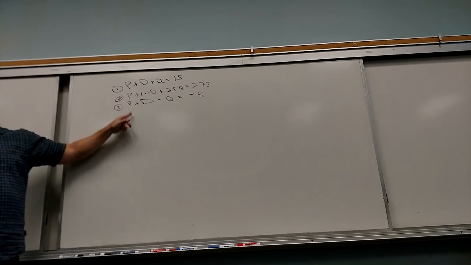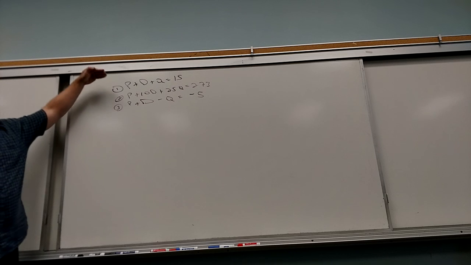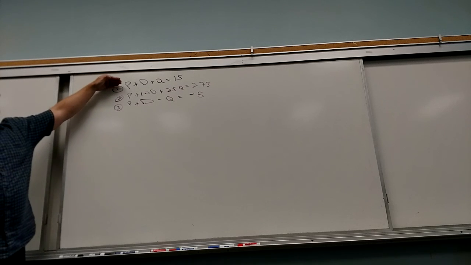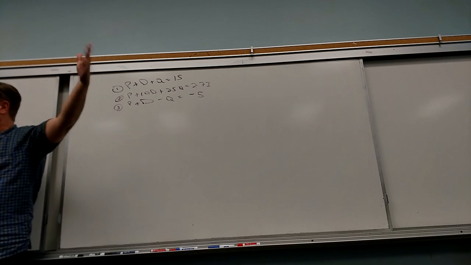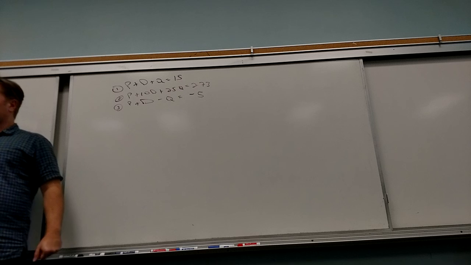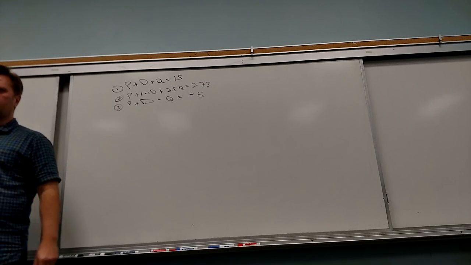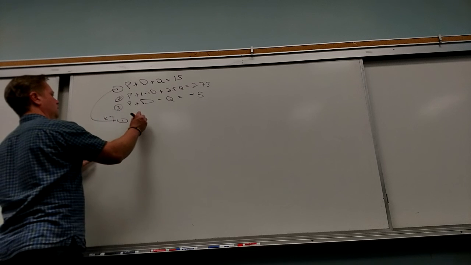That would be relatively easy. So I can multiply this one by -1, and then just add it to both of these. I'll get 2 equations with no P's in them. So if I take number 1, multiply it by -1.